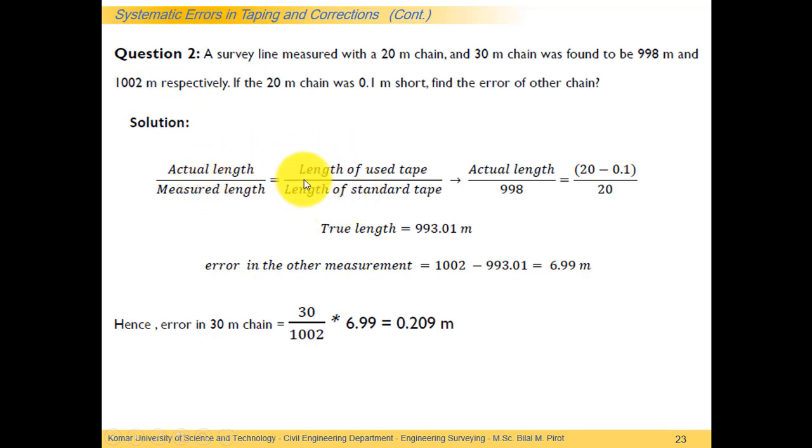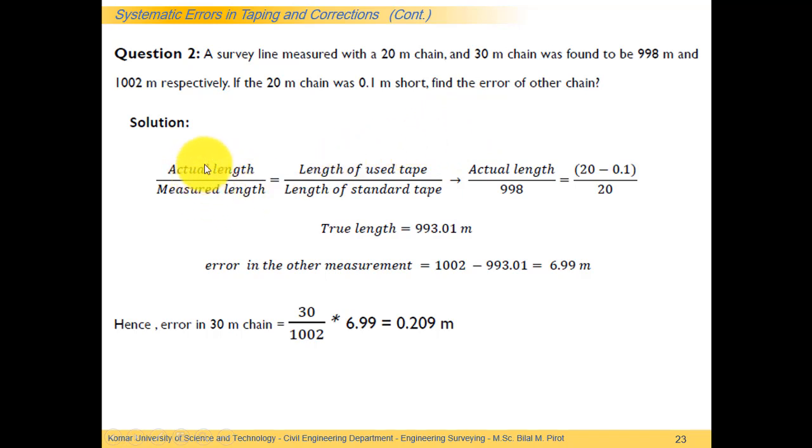By using this formula, we have the standard length of the tape, that's given, and the measured length, that is given, but we have two unknowns. So we have to find the true length, the actual length, by using the first tape. Then we can use the actual length for the second tape. Then we can find the error of the second tape.